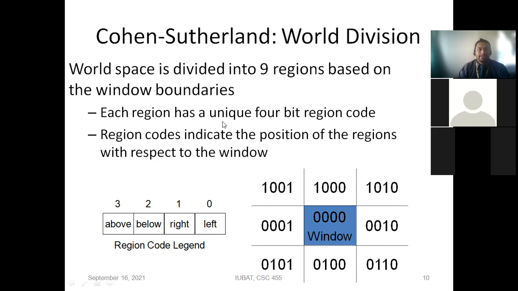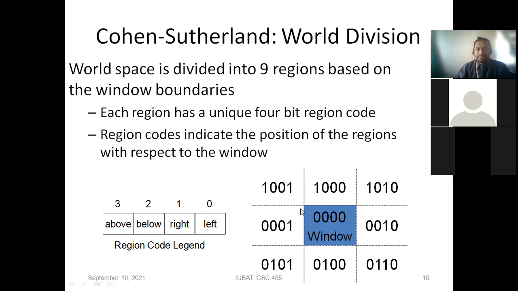The first thing applied in the Cohen-Sutherland algorithm is that your space is divided into 9 regions, and according to the region, a code is assigned.